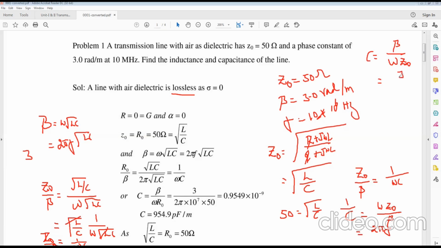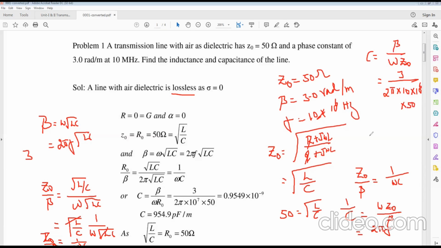Beta is given as 3, omega is 2 pi F, 2 pi into 10 into 10 power 6, and Z naught is 50.